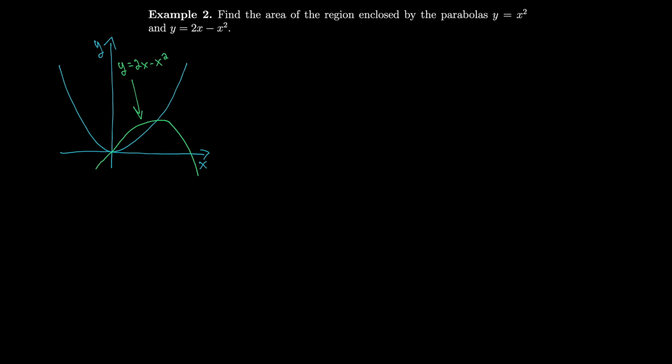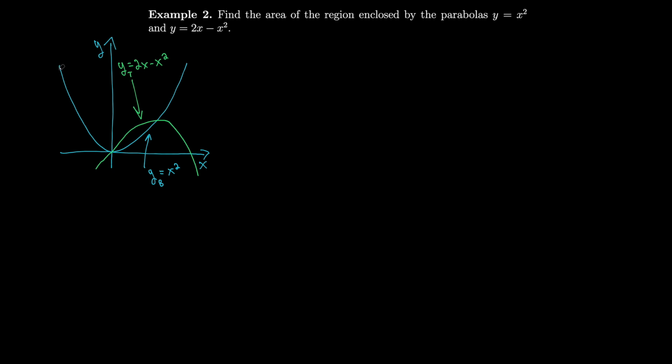And it's on the top, notice, for our region, because this is the region we're going to want. So I'll write yt for top. Then our other parabola is our happy face one, which is y equals x squared. But this one is actually on the bottom, so I'll write yb for bottom.